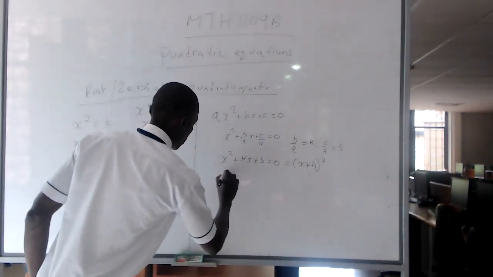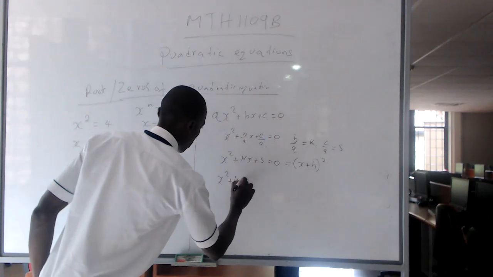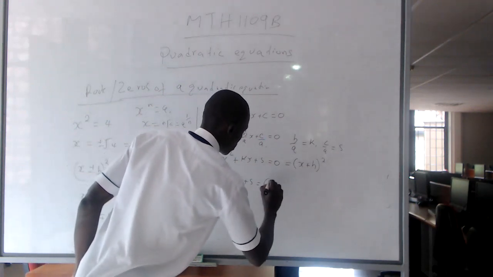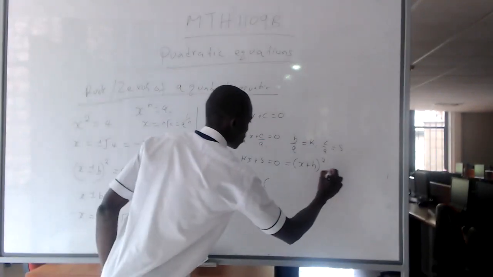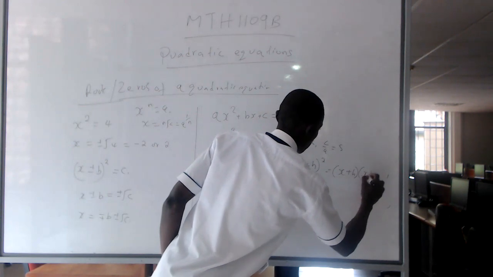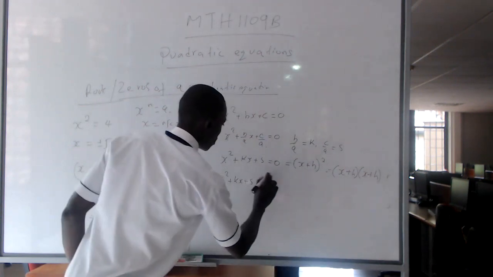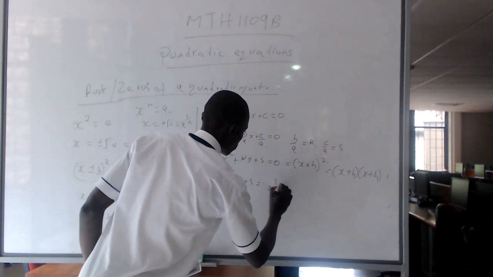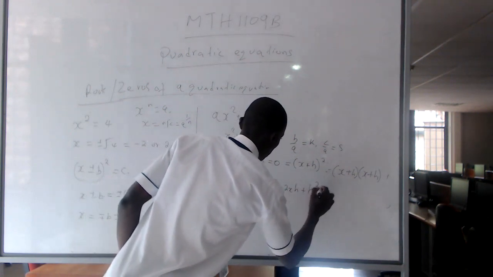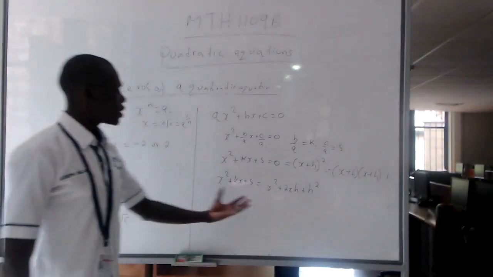So in other words, I need x squared plus kx plus s should be, when you expand this, so this is the same as x plus h times x plus h, the reverse of factorization, which will give you x squared plus 2xh plus h squared. Now equate both terms.